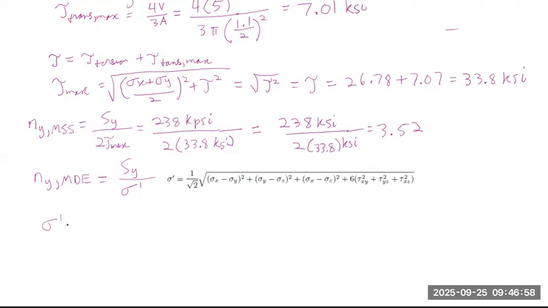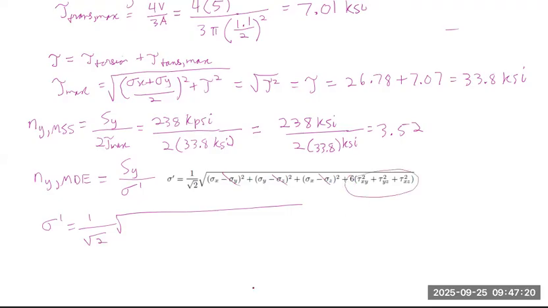Sigma prime is equal to 1 over root 2 times the square root of, over here, sigma x and sigma y and sigma z are all 0 since there is no normal stress due to bending. So we can get rid of all these three terms and we are left with only the shear stress terms.